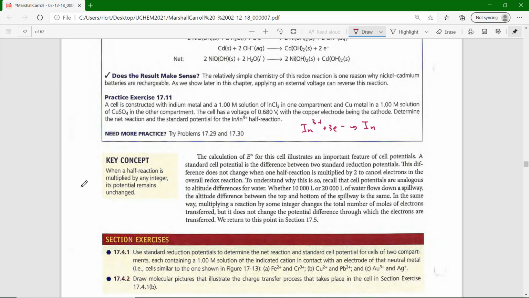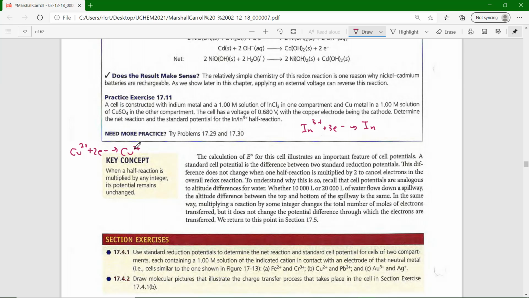Now, the other compartment is copper and copper sulfate, so that's a classic. Cu plus 2 electrons goes to Cu2+, and we have to look at the chart. So, of course, I'm writing it wrong.